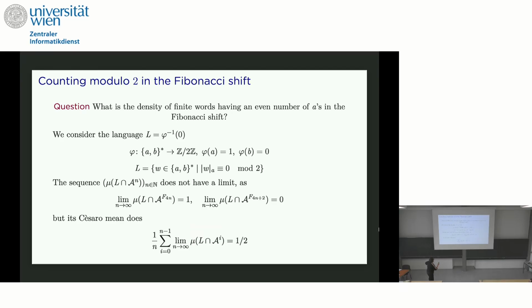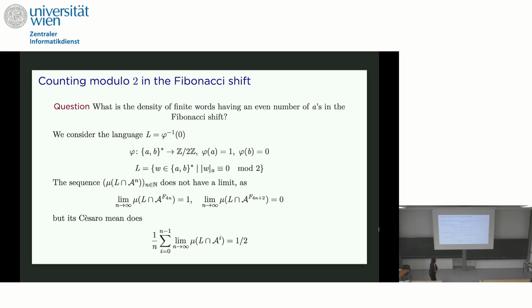And with this slide, I wanted to emphasize that if we had not taken Cesàro means, then, since we have no mixing properties in the Fibonacci shift with this measure, we wouldn't have a limit. So we really need to take Cesàro means for such a notion of density.